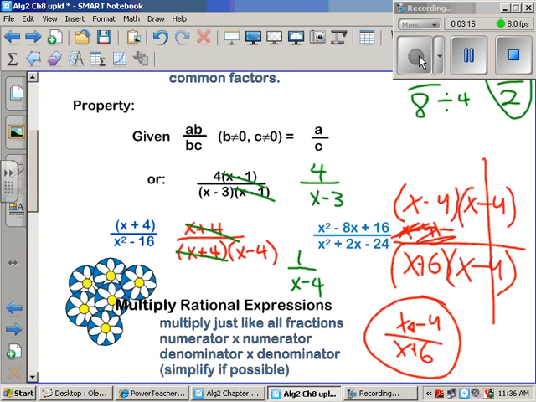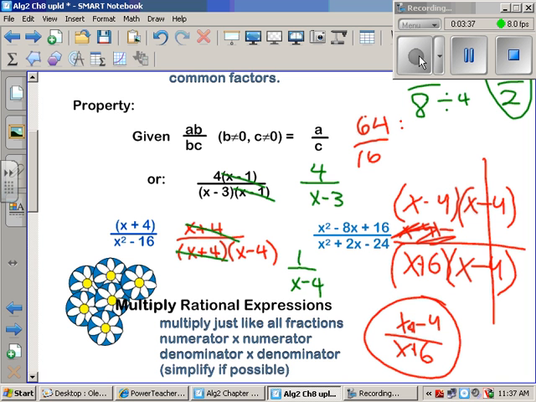Awesome. Now the question came up, can we cancel out both x minus 4's? Like since there's x minus 4, x minus 4, and x minus 4, can I just cancel them all out? My response would be, it's kind of like 64 over 16. What goes into 64 and 16? 8. Okay?